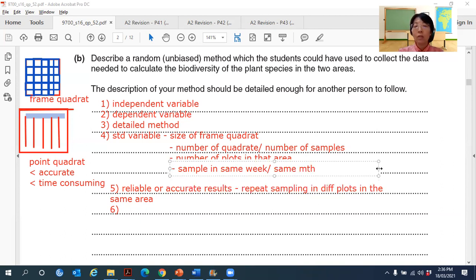Because in a country with 4 seasons, spring, summer, autumn, and winter, temperature will change, rainfall will change, sunlight availability will change. So that will actually affect the density of the grass in that area. So you need to make sure that you standardize the timing of sampling, the range of time.